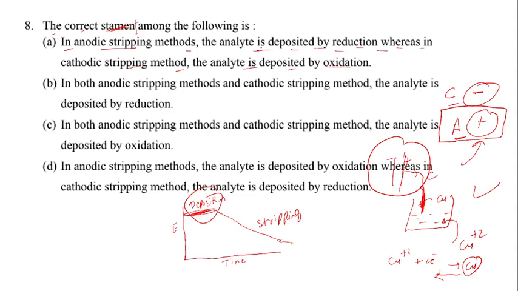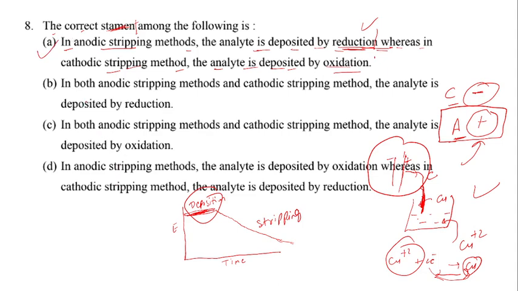In anodic stripping the analyte is deposited by reduction, obviously, when it was the cathode, because copper +2 ion is converted into copper. So reduction occurred. Up to here it is correct. Whereas in cathodic stripping the analyte is deposited by oxidation. So it should be reverse. So this option should be right.